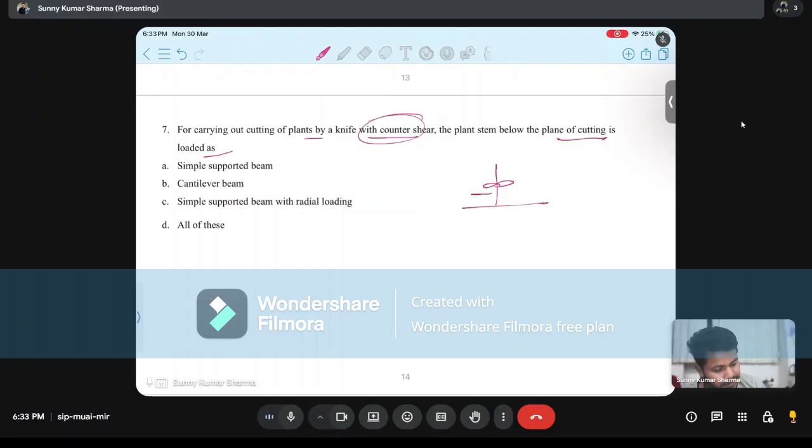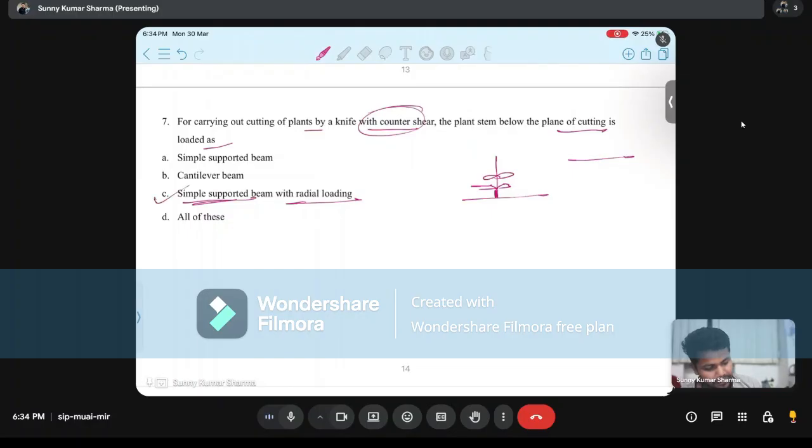This is the plant, this is the cutting, and on this side the ledger plate is there, this counter shear is there. For cutting at this section, for a simply supported beam there is no radial loading, but in the case of a plant there is radial loading. So the answer will be simply supported beam, but with radial loading.